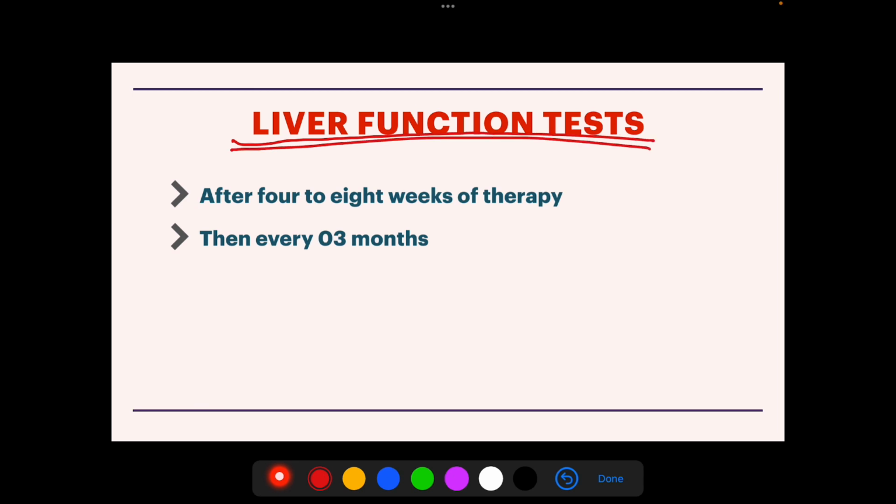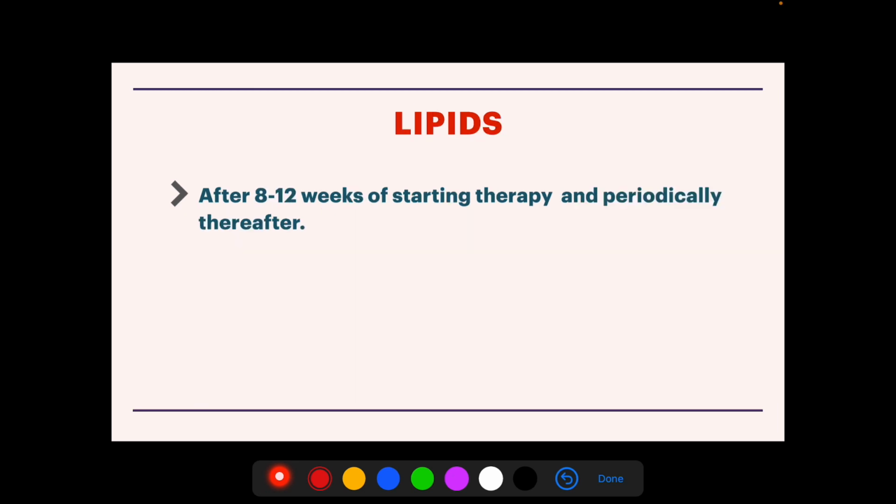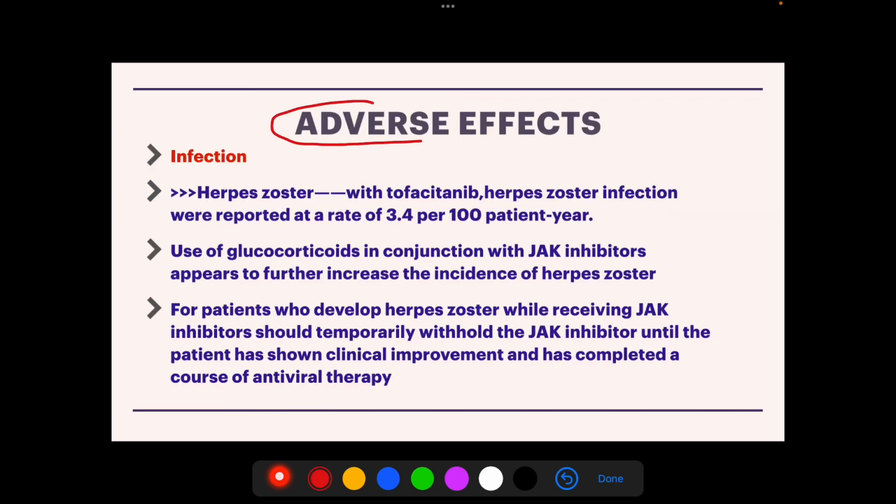Liver function tests during therapy should be obtained every 4 to 8 weeks, then every 3 months, and lipid levels should be obtained after 8 to 12 weeks of starting therapy and periodically thereafter.